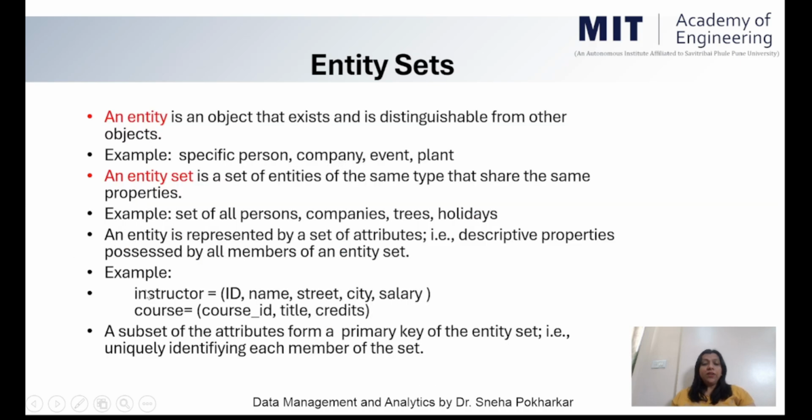The example is given for instructor: ID, name, or there may be multiple attributes or multiple columns which represent ID, name, state, city, salary, or in the course: the course ID, the title of the course, and the number of credits for the particular course. So a subset of attributes forms a primary key of the entity set, uniquely identifying each member of the set.